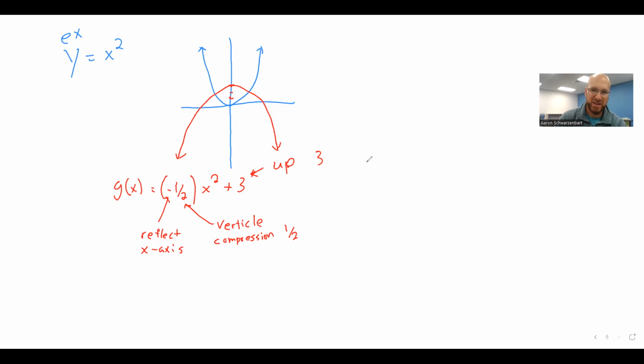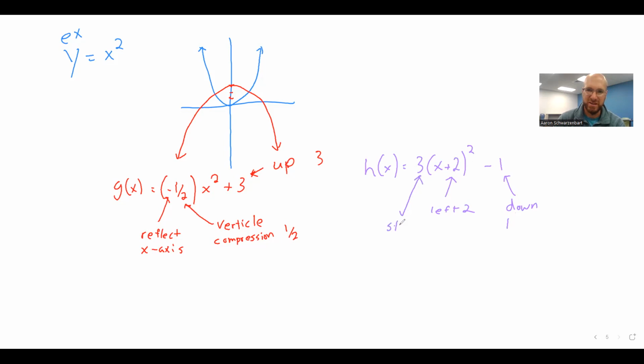We're going to look at h of x, which has some other transformations on it. This is left 2, opposite the sign inside. This is down 1. Stretch 3.